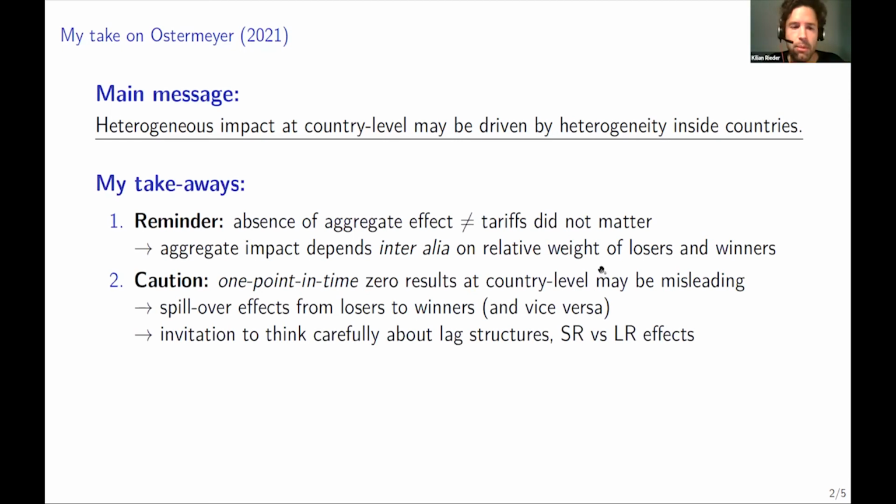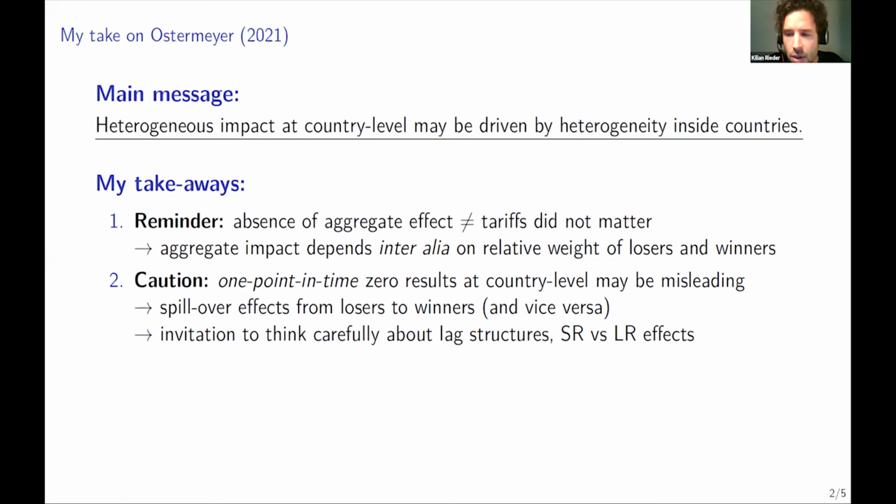My takeaways from the paper are, on the one hand, a reminder that the absence of an aggregate effect should not lead us to the conclusion that tariffs did not matter. In fact, the aggregate impact, as Vinzent shows, depends on, inter alia, the relative weight of different losers and winners inside a country.